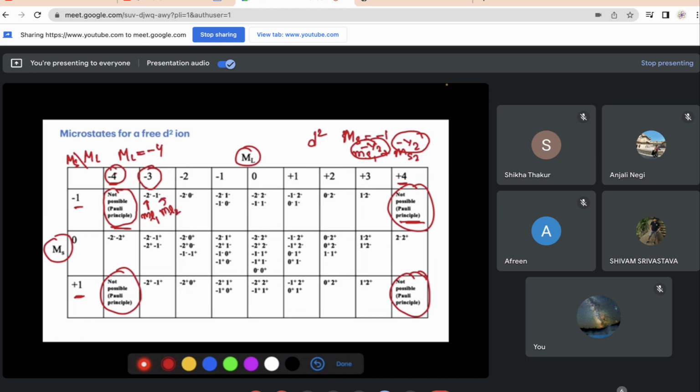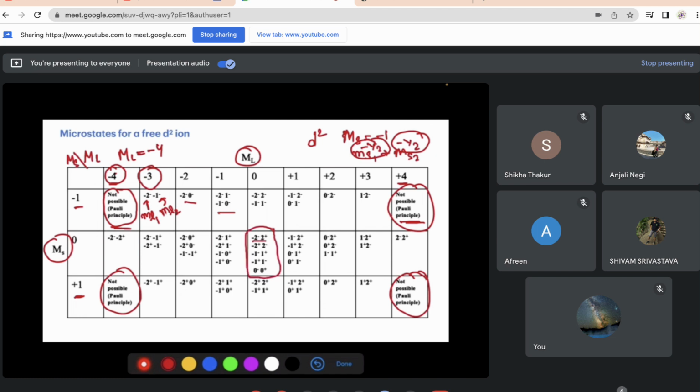Both of them give the summation of minus 2 plus minus 1, giving me minus 3, with the spin of minus half each, so that they follow Pauli's principle, and therefore the number of microstates is actually 1, sorry. Again, similarly, if we go on filling these, you can see that the maximum number of microstates is where ML is equal to 0 and MS equal to 0.